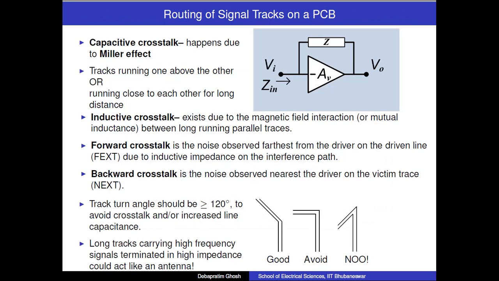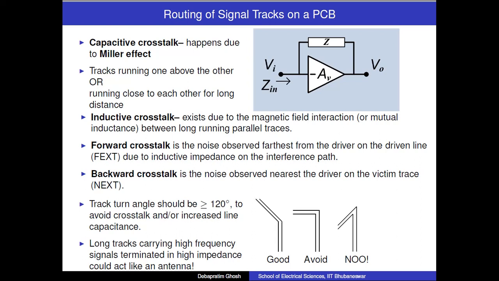Now comes signal tracks. Signal tracks are the most vulnerable tracks on the PCB. One of the most important drawbacks which signal tracks can face is crosstalk. Now, let us say you have an amplifier which gives you a gain of -A.